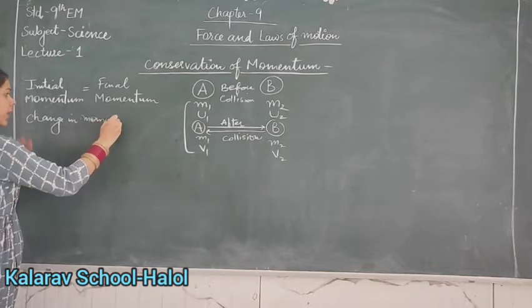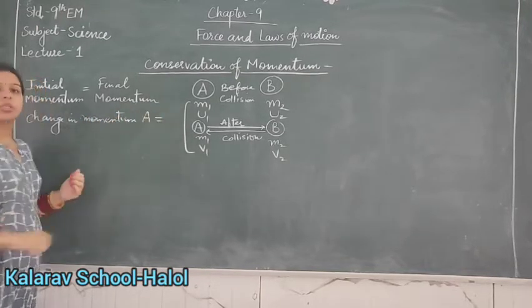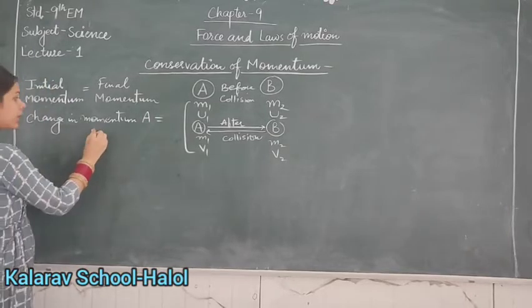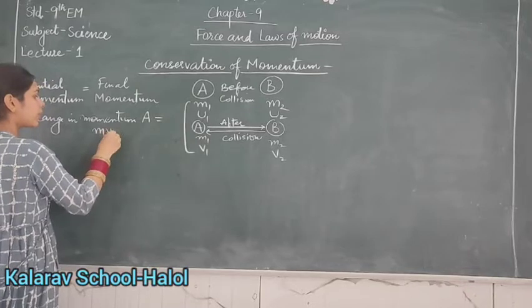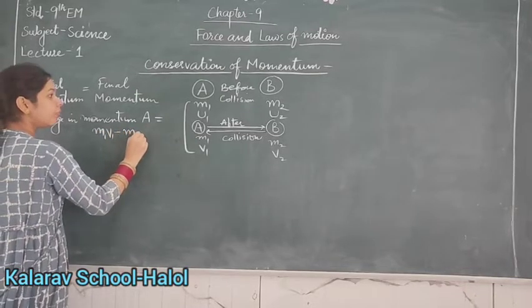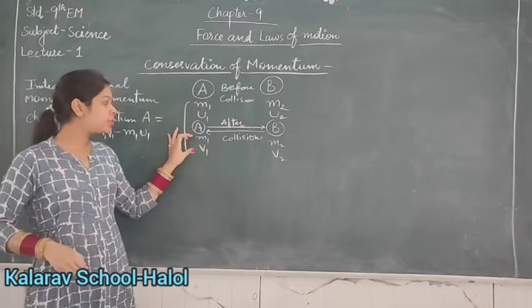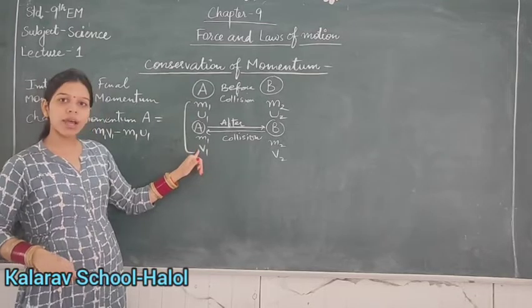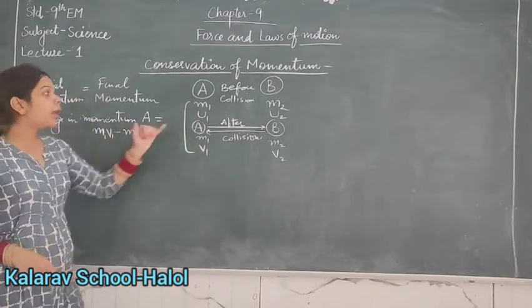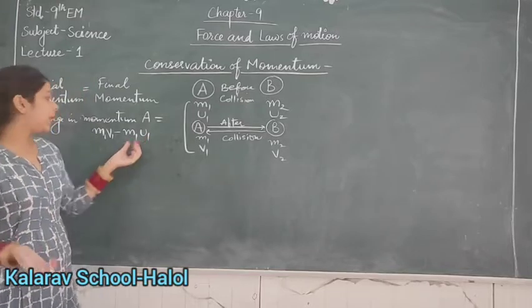So we can say the change in momentum of A is m1 v1 minus m1 u1. We know momentum is the product of mass and velocity. So here m1 v1 is the final momentum and m1 u1 is the initial momentum.